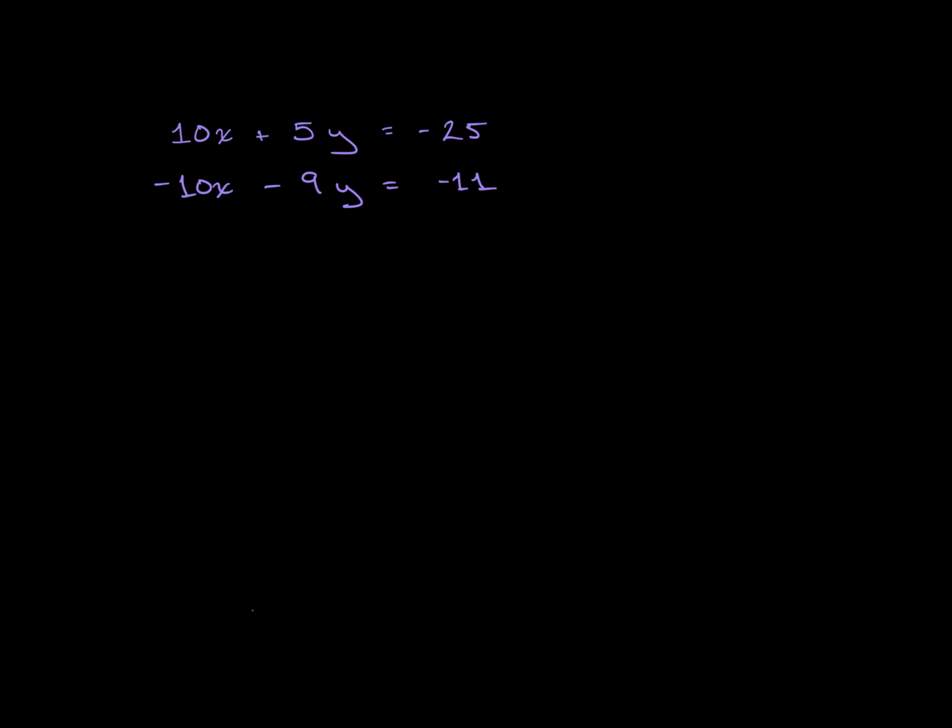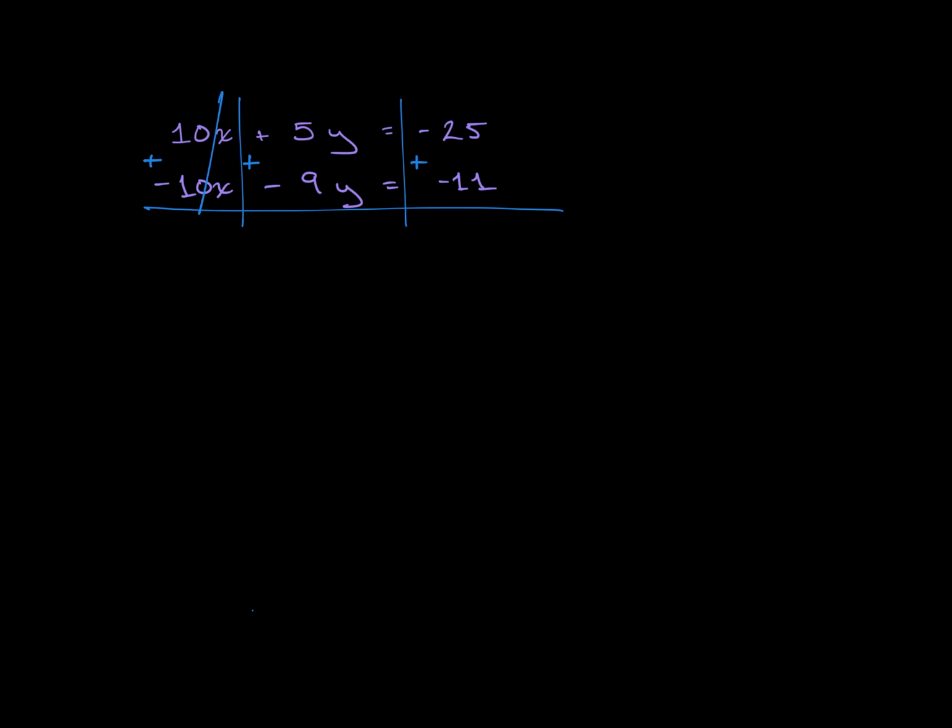I am a fan of putting an addition symbol in between all of my terms. So this is 10 plus negative 10, and then between my y's I will put a plus, and between my c's I will put a plus. I'm simply cutting this down into two pieces, thinking vertically. 10 plus negative 10 is 0.